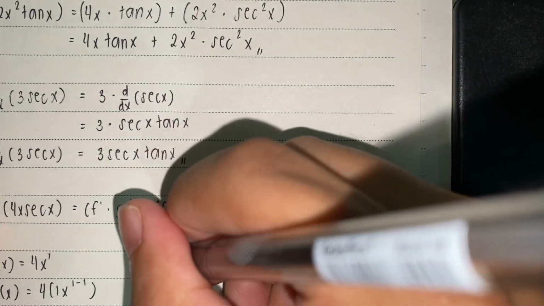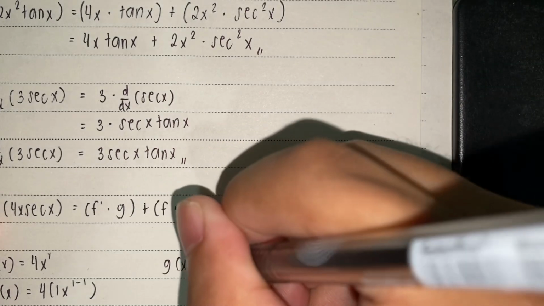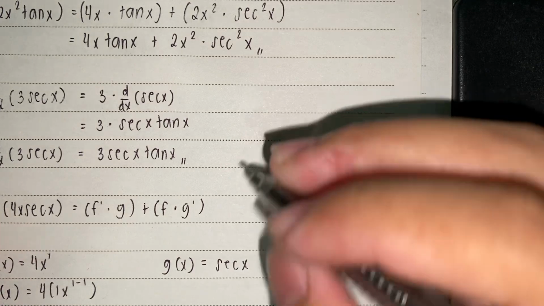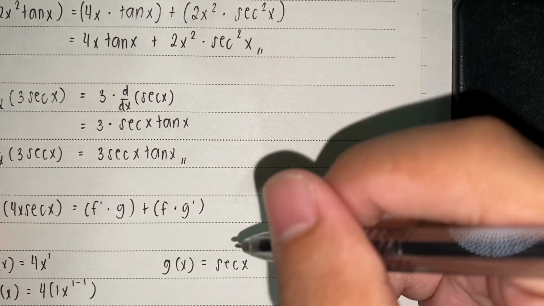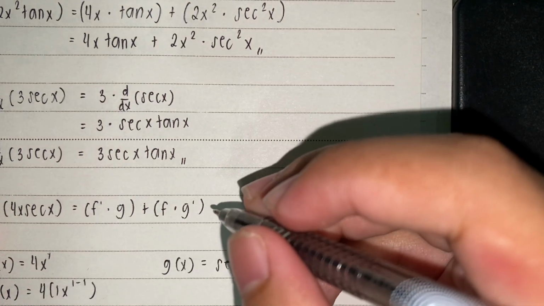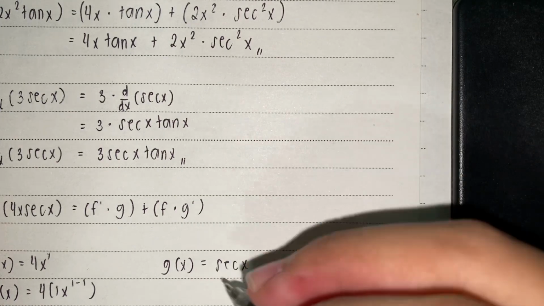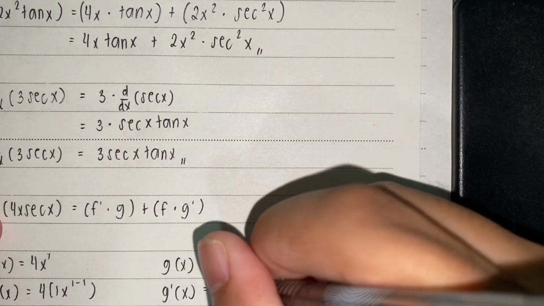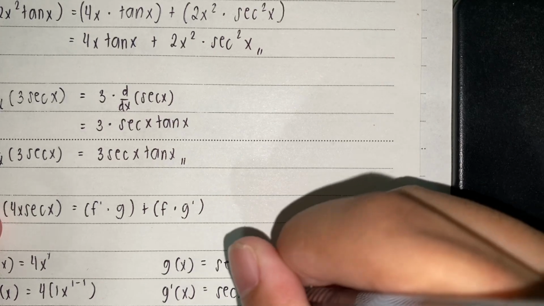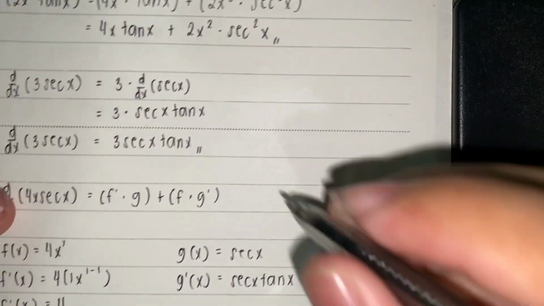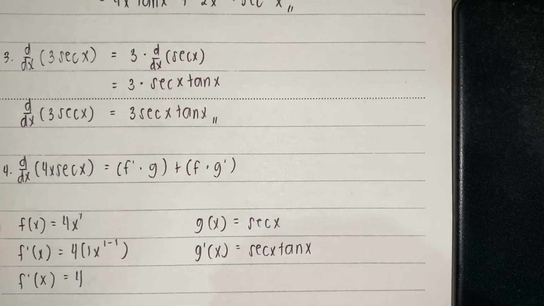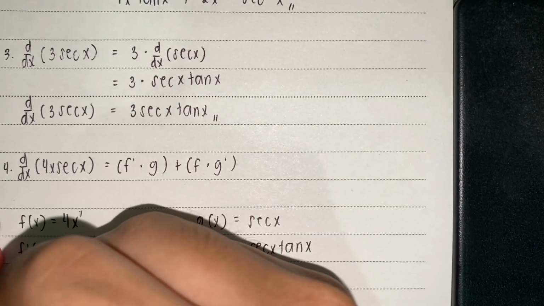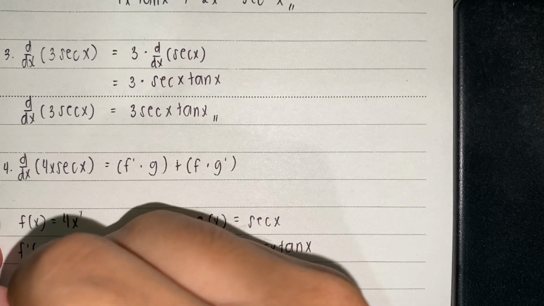Now our second function, g of x, is equal to secant x. By the rule, the derivative of secant x is going to be secant x tangent x. Now let's substitute all of these into the formula.